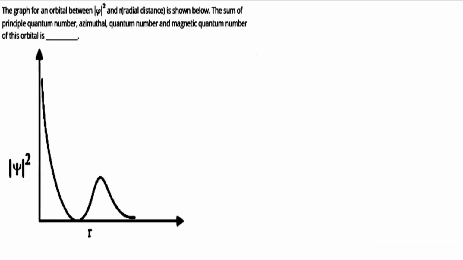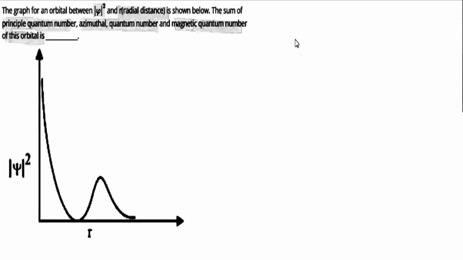Hello friends, the question is: the graph of an orbital between radial probability density function, that is psi square, and radial distance is shown below. The sum of the principal quantum number, azimuthal quantum number, and magnetic quantum number of this orbital is.